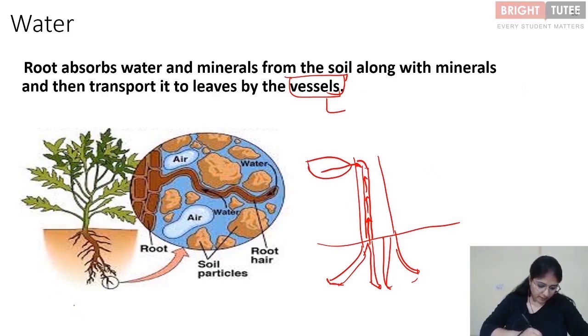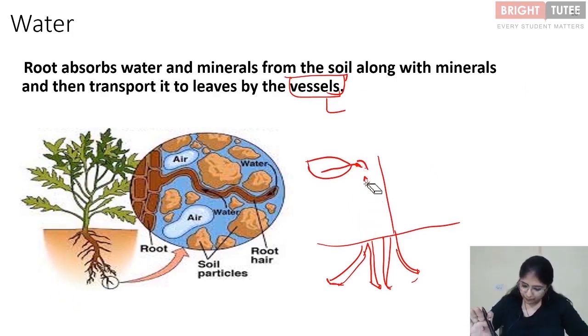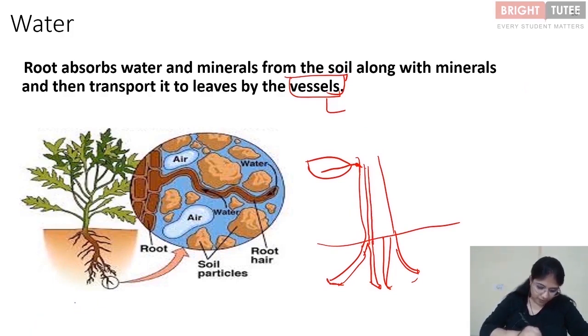So to understand it a little better, this is a pipe-like structure which allows the movement of water upwards from the root towards the leaf, right? And in this way, the water moves up.